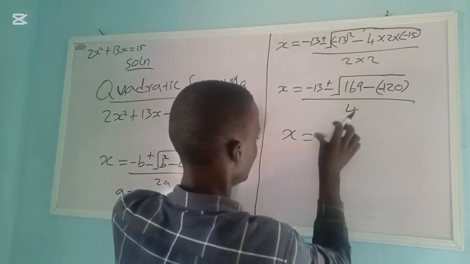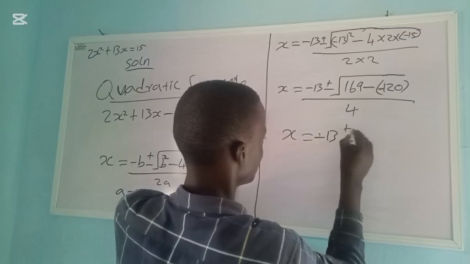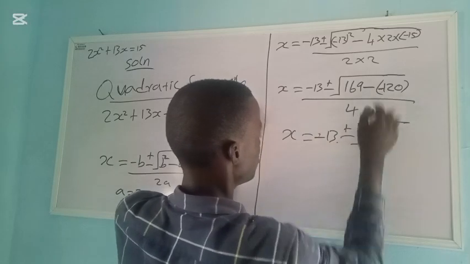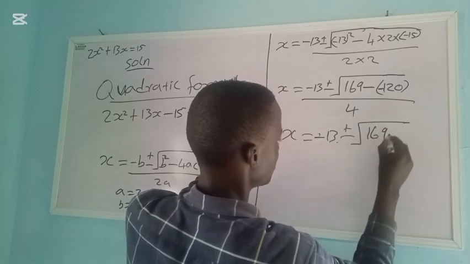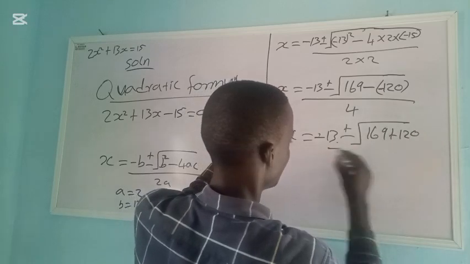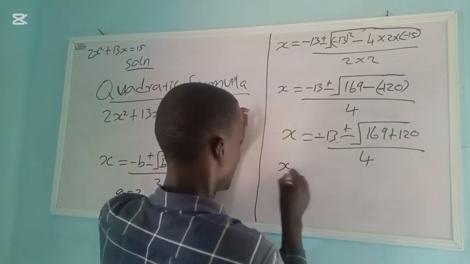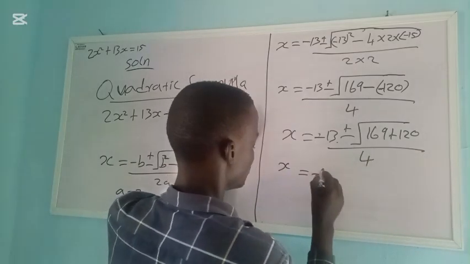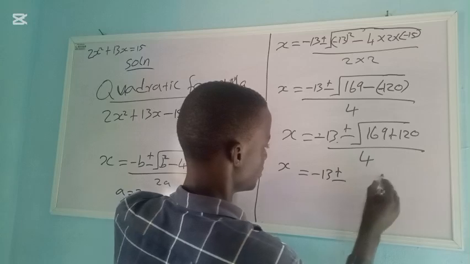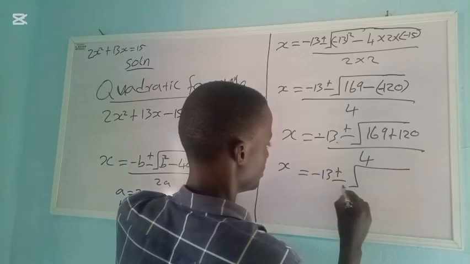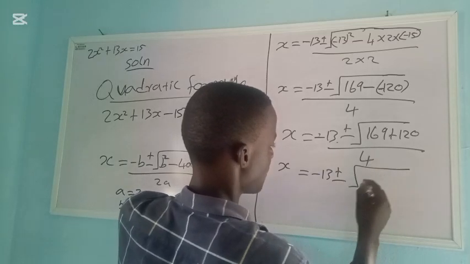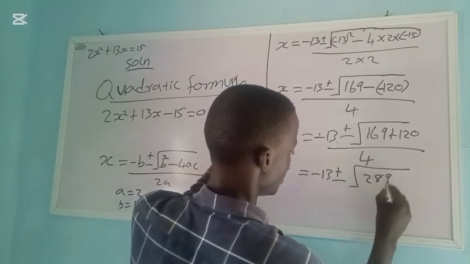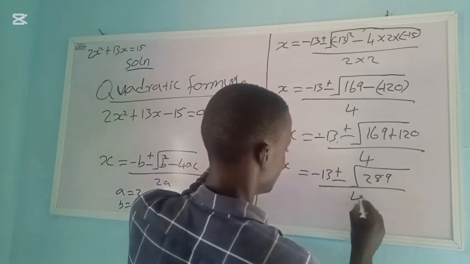Let's bring everything down here. Yes. So this one will be plus 120 all over 4. So x is equals to minus 13 plus or minus, we'll have 169 plus 120 is 289 all over 4.